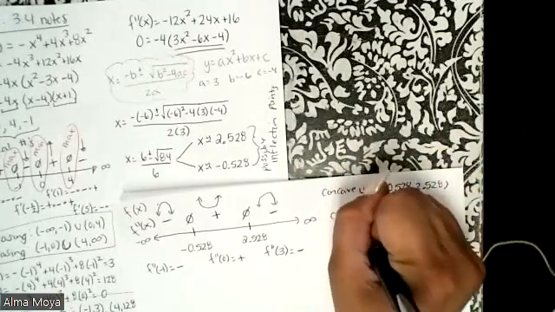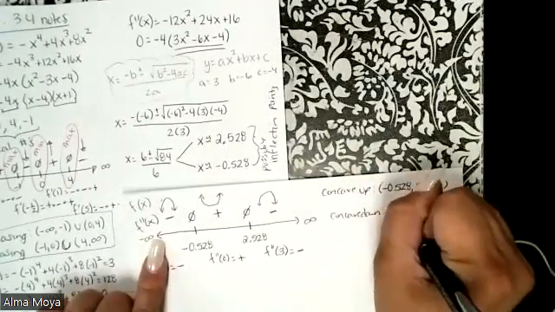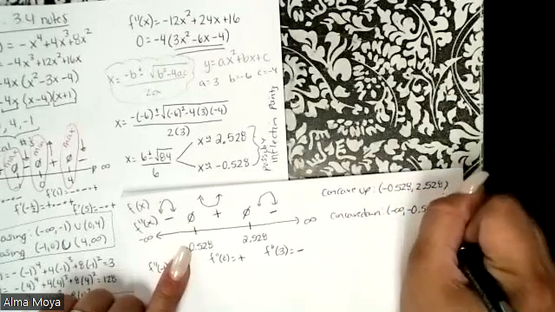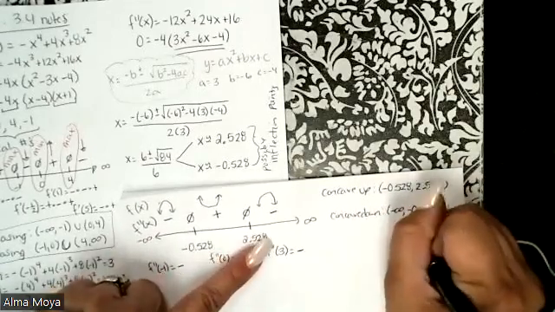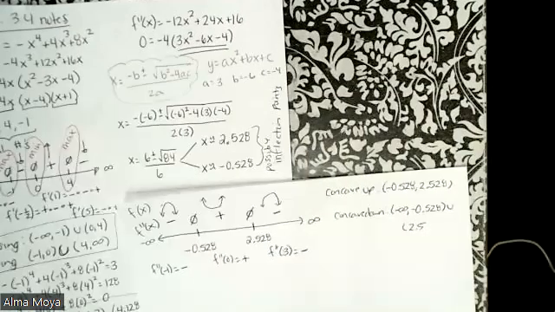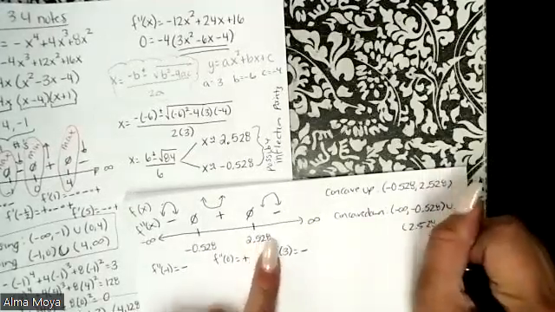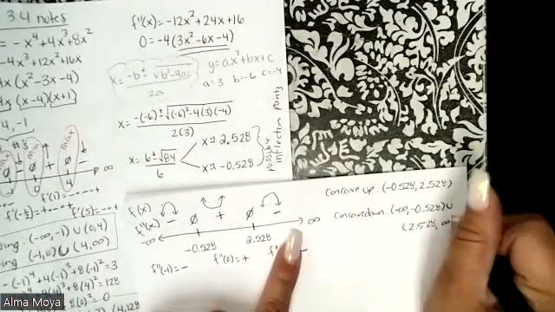And then it's concave down from negative infinity to negative 0.528, and then it's concave down from 2.528 to positive infinity.